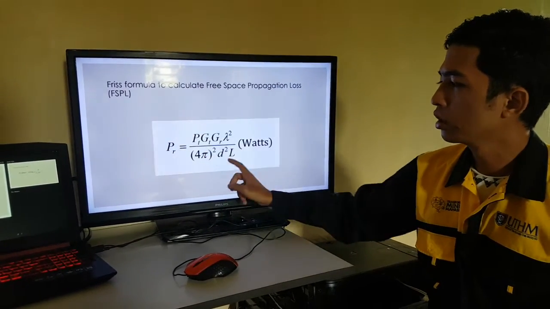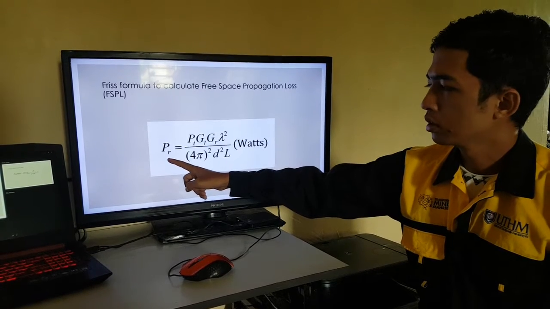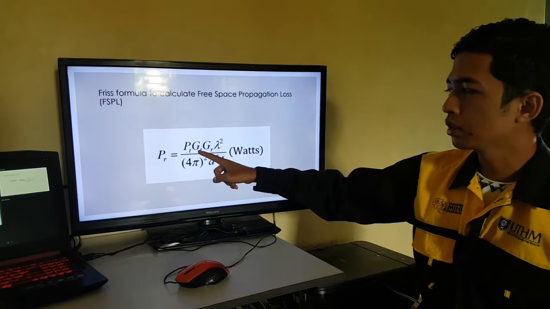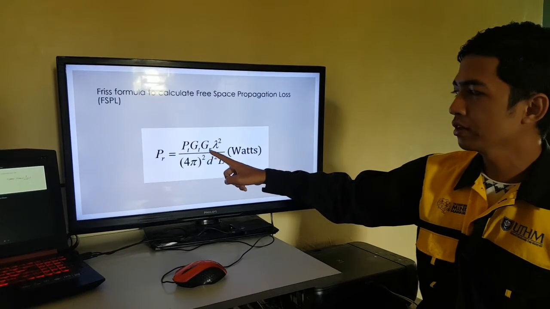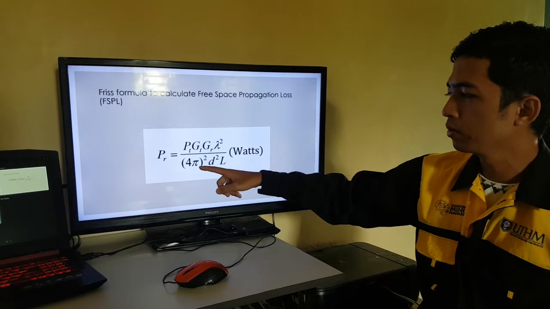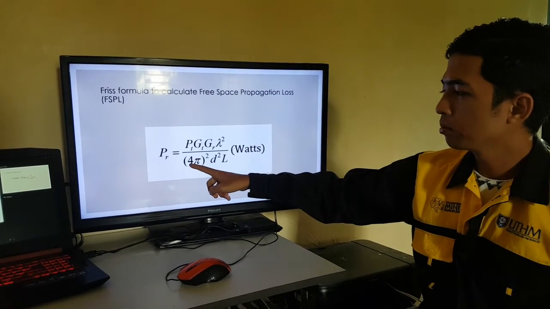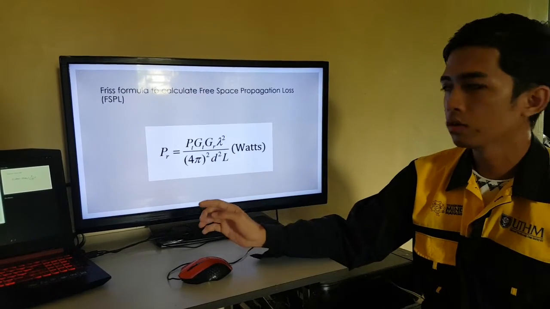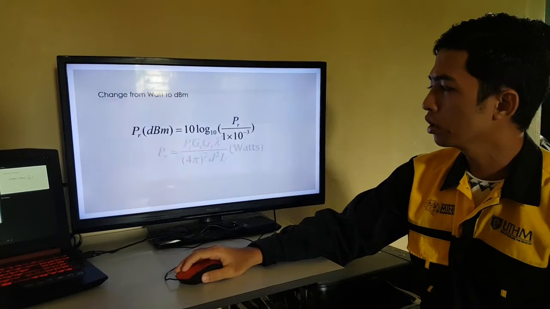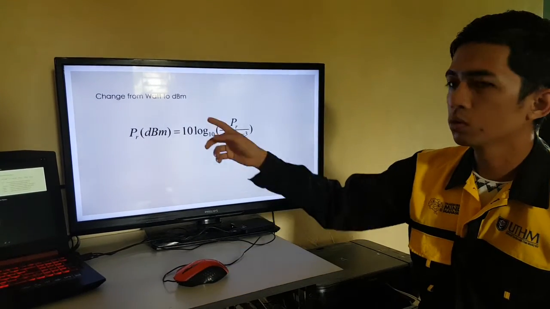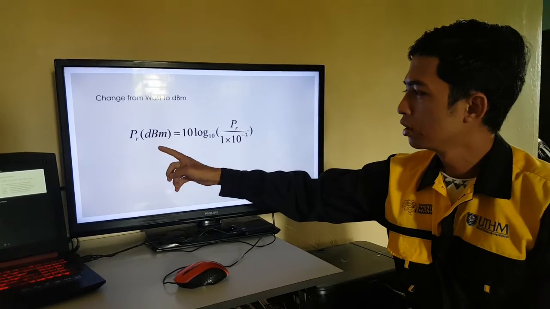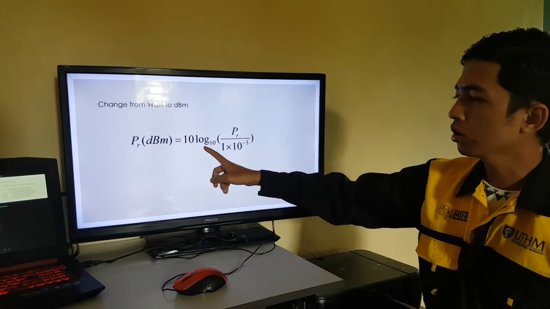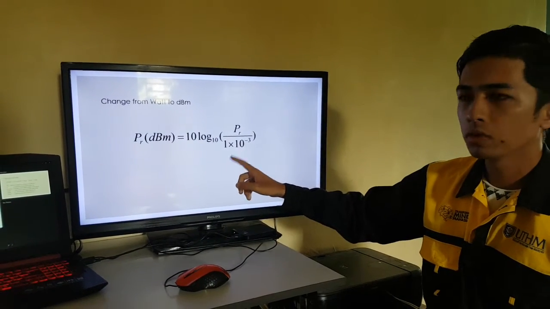PR is power receiver, PT is power transmitter, GT is gain transmitter, GR is gain receiver, lambda is what we get from the previous formula, divided by (4 pi)squared d squared times L, and we get it in watt. After that, we change from watt to dBm using this formula: power received in dBm equals 10 log of power received divided by 1 milliwatt.